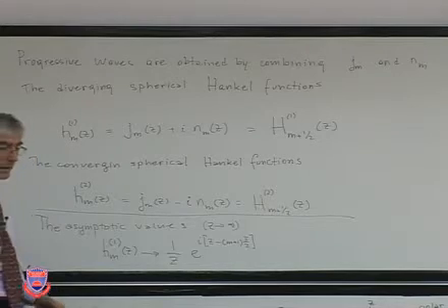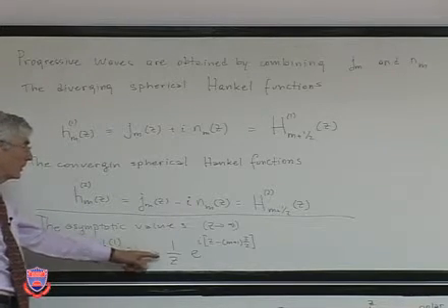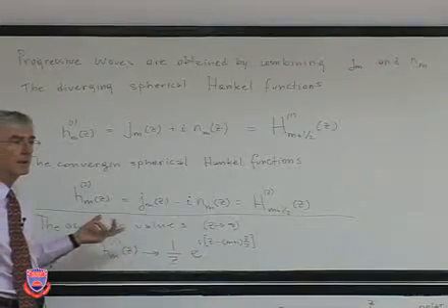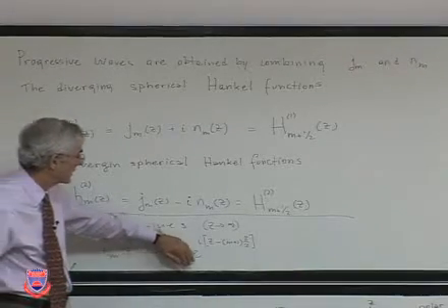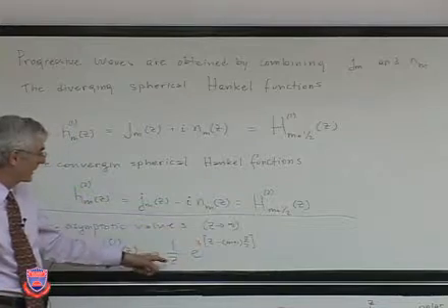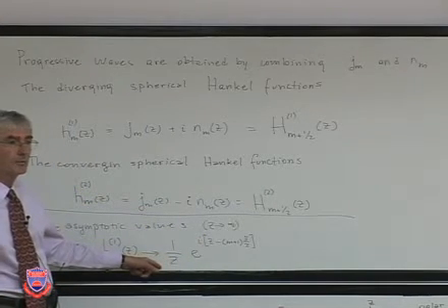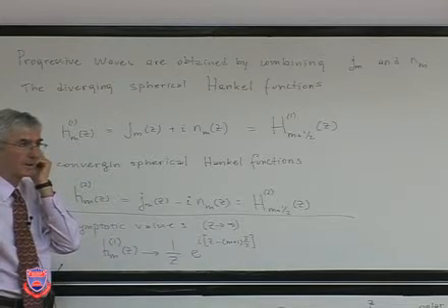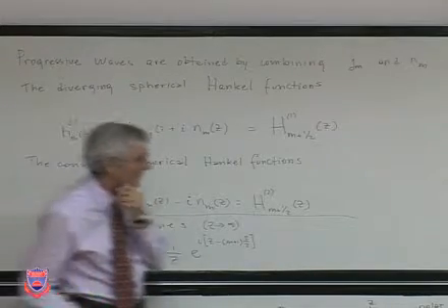You can see that an outgoing wave, if z is kr, for example, is very similar to almost a plane wave, but with amplitude decreasing as the argument has a larger and larger value, like 1 over kr.